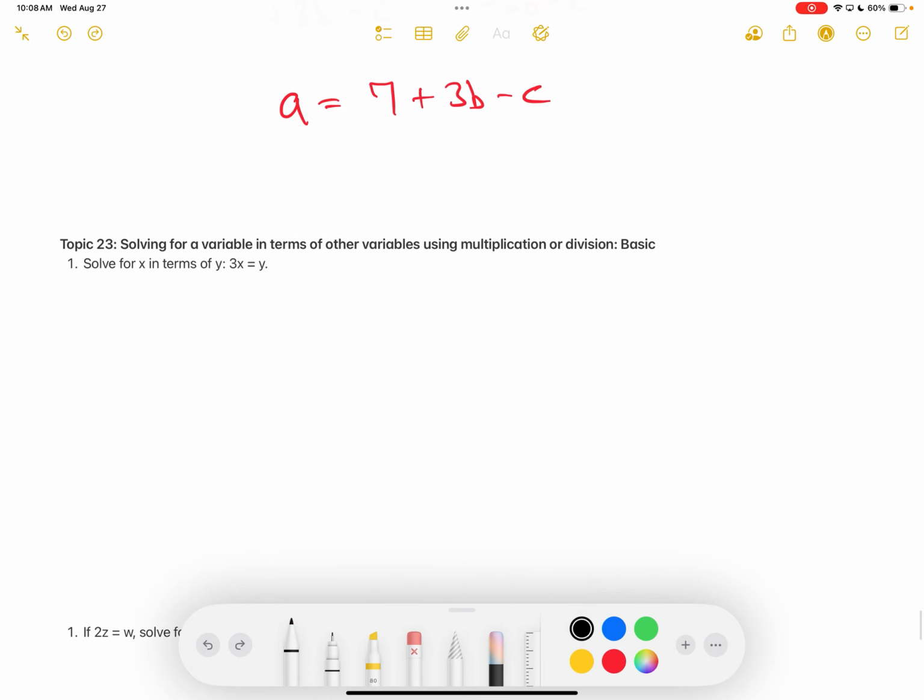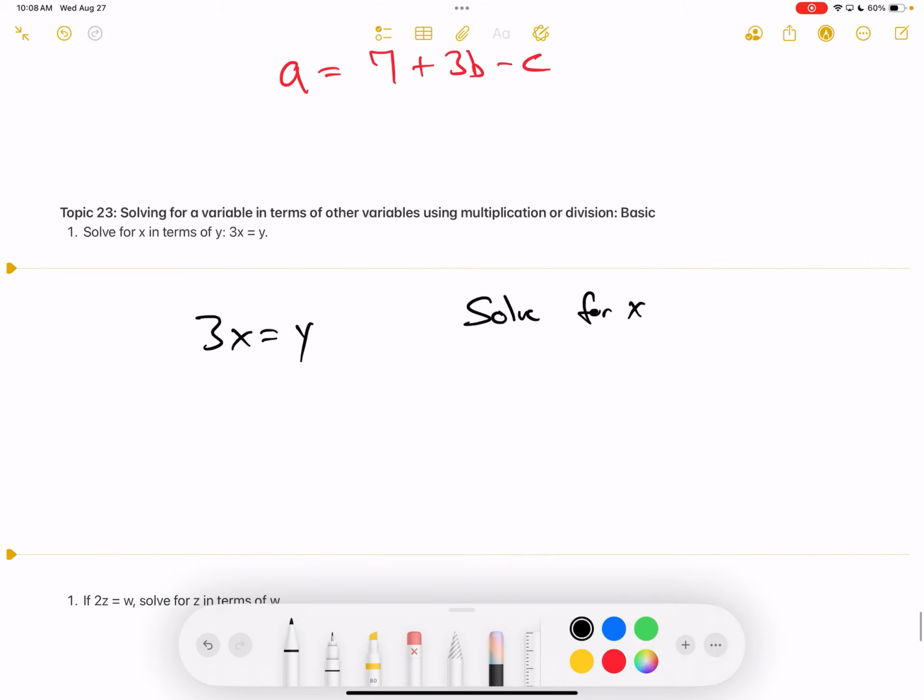All right, this one says 3x equals y, and we are solving for x. So to get x by itself, I'm going to divide both sides by 3. Those cancel out, and I get x equals y divided by 3.